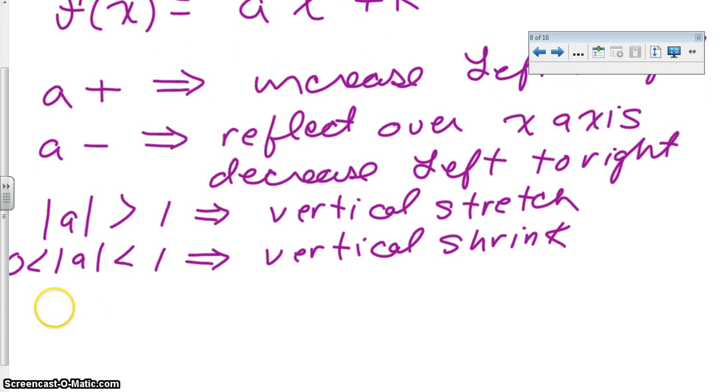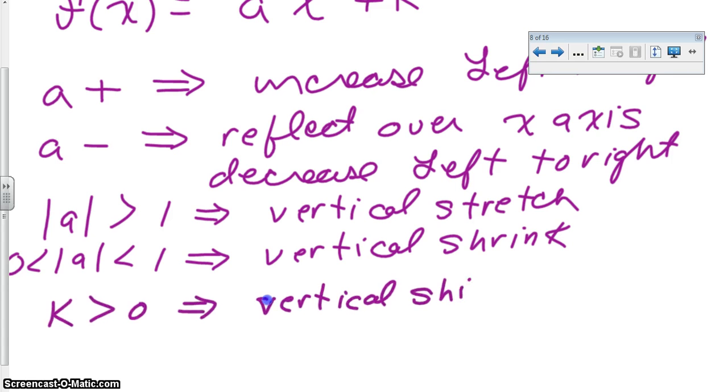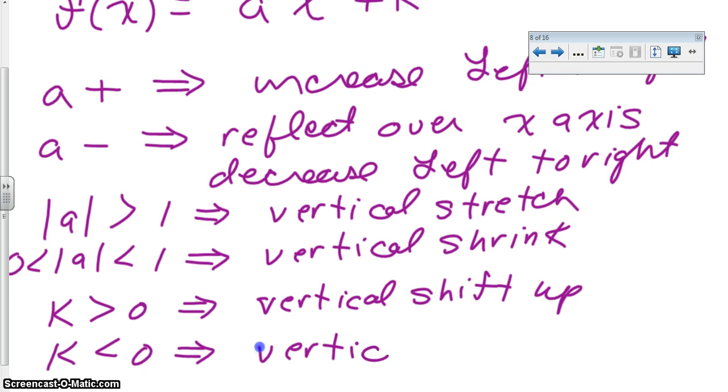If K is greater than 0, that is a vertical shift up. And if K is less than 0, that's right, it's a vertical shift down.